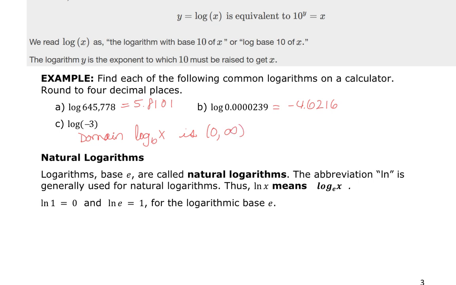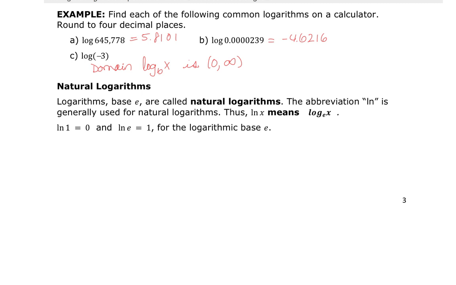So sure, our advanced calculators will give us an answer, but it'll be in a complex form. It'll have an i in it, and we don't do that in this class. So we would say that this is not in the domain. If you don't have a fancy calculator that gives you the answer in complex, then it's going to say domain error, which makes sense.